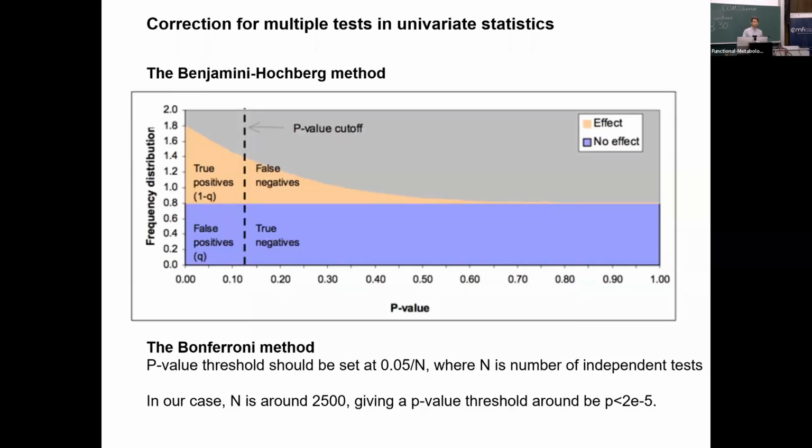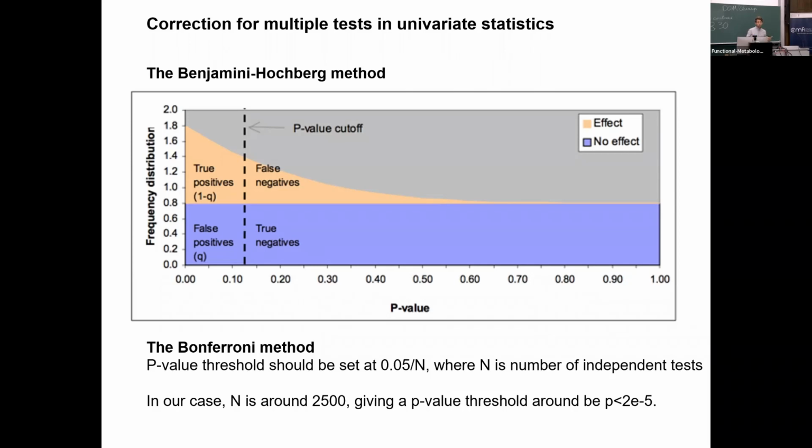And you can do this using different methods to correct for multiple tests. I guess these are the two most common ones. It's either the Benjamini-Hochberg method, which basically makes sure that you have a stable level of false discovery rate throughout your data set, so basically you look at the distribution of p-values.